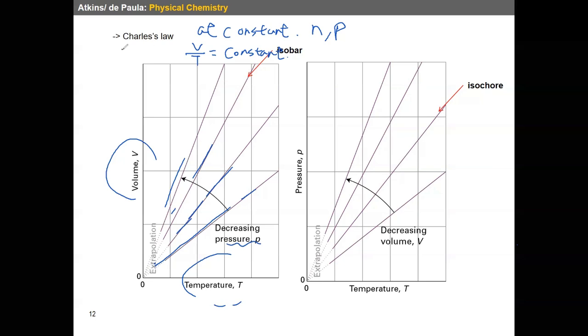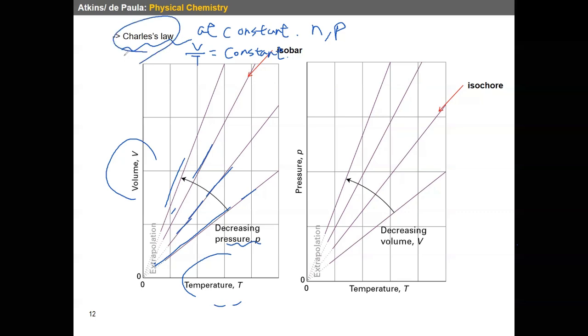So this is Charles' law. I don't want to go into why this kind of law can be true at zero pressure, but you can simply accept this equation.